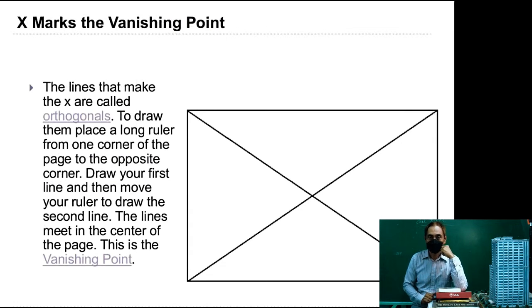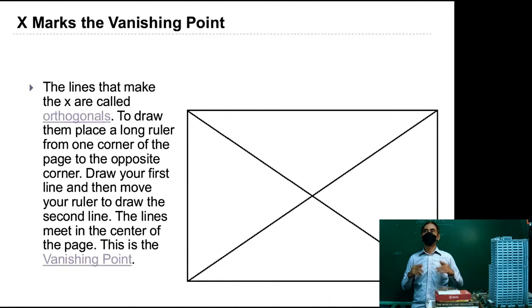To draw them, place a long ruler from one corner of the page to the opposite corner. Draw your first line and then move your ruler to draw the second line. Where they meet at the center of the page is the vanishing point.